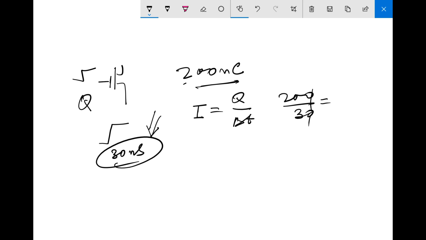So this would mean that you need approximately 6 amp drive to the gate. This tells you about the requirements for feeding the gate and turning it on and off.